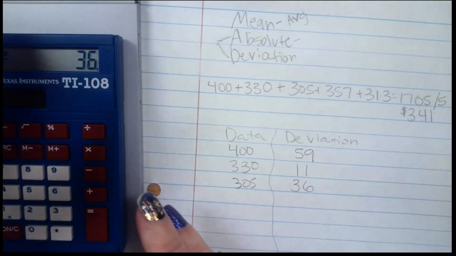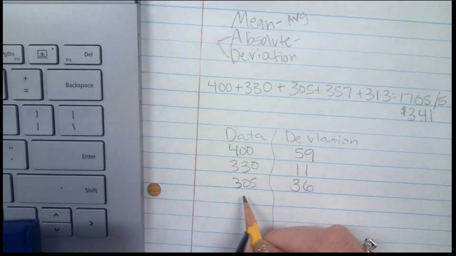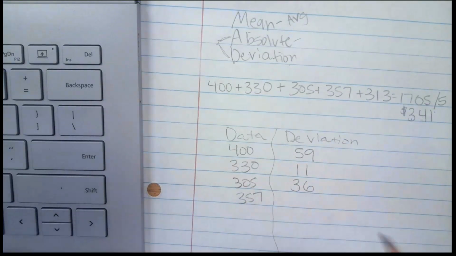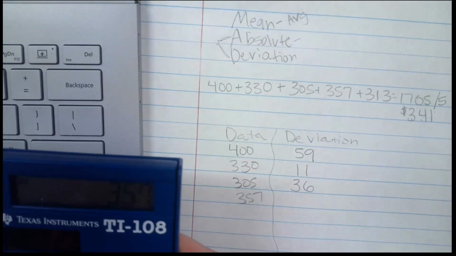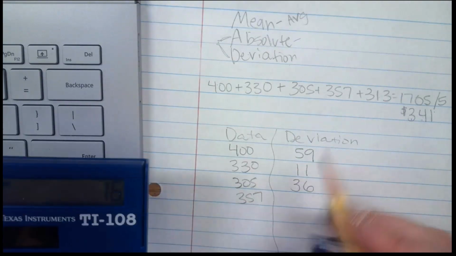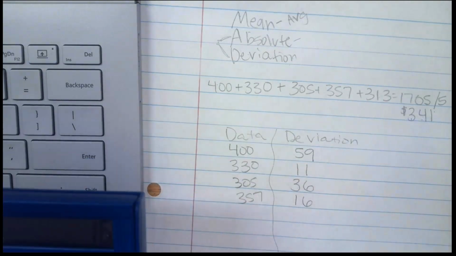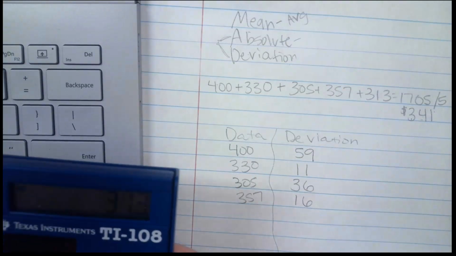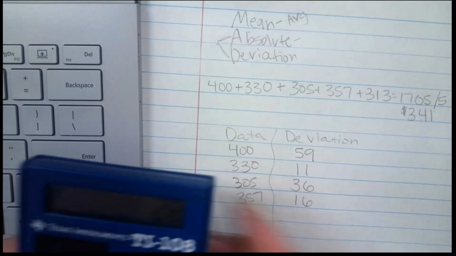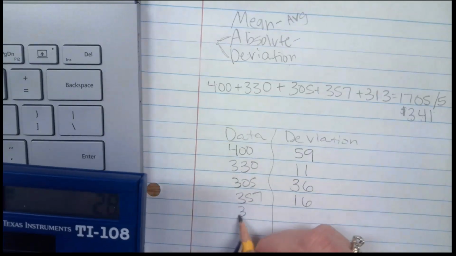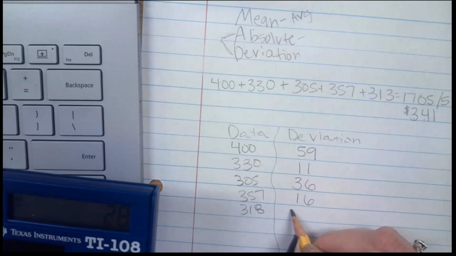So that one's a positive 36. Then we have 357 minus 341. That's 16 above the mean. We have 313 minus 341. That's negative 28 below the mean, but we don't care above or below, just that it's 28.